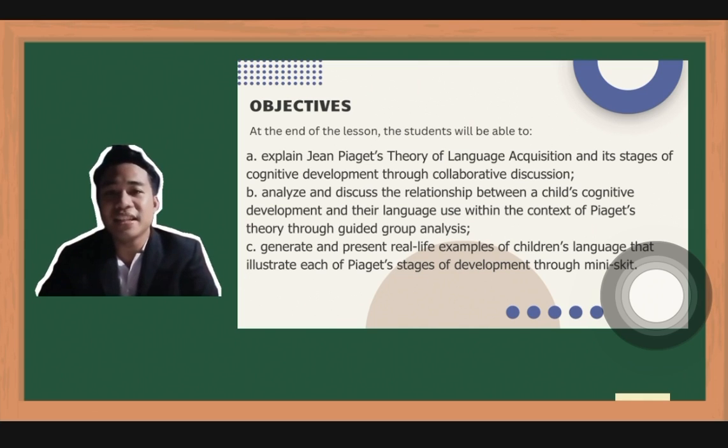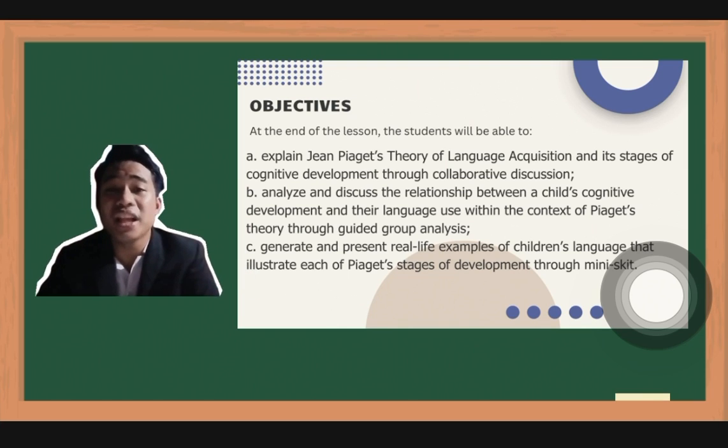At the end of the lesson, the students will be able to explain Jean Piaget's theory of language acquisition and stages of cognitive development through collaborative discussion. Analyze and discuss the relationship between a child's cognitive development and their language use within the context of Piaget's theory through guided group analysis.